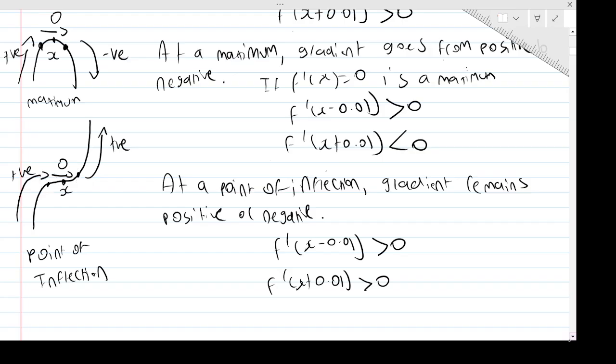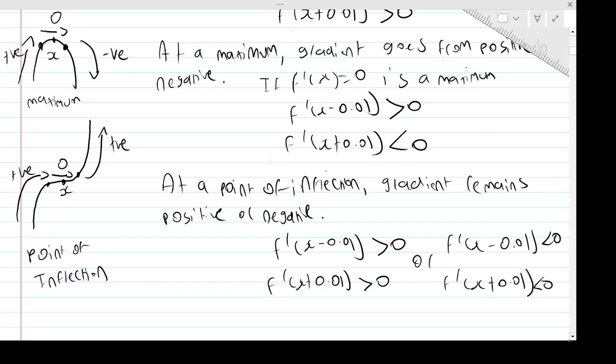So it's always positive or always negative, right? But the idea is either side of my derivative has the same sign, okay?